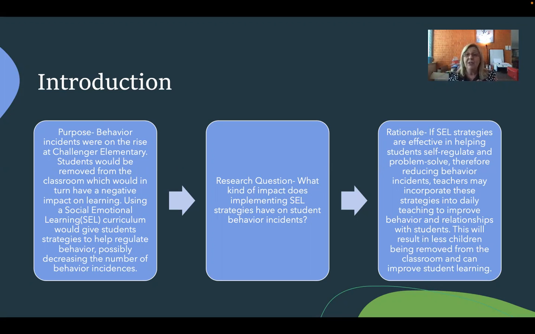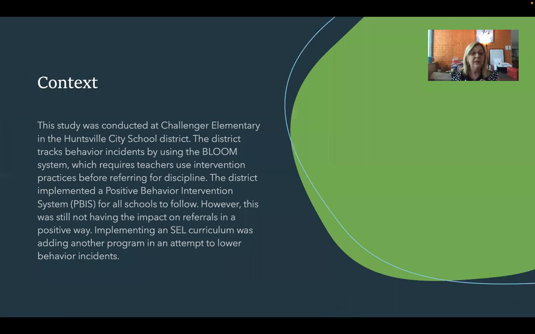And then by teaching these lessons, we could incorporate it school-wide. And so teachers would have strategies to teach the students, to help them improve their own social emotional skills. So this study was conducted at Challenger Elementary in the Huntsville City School District.